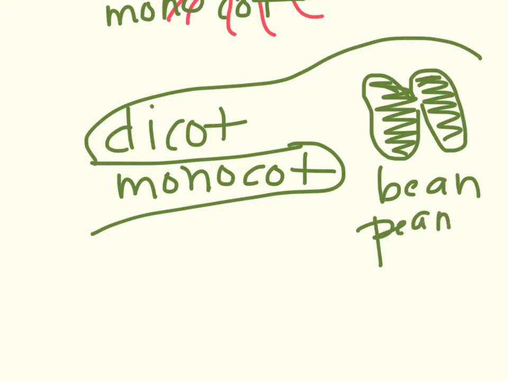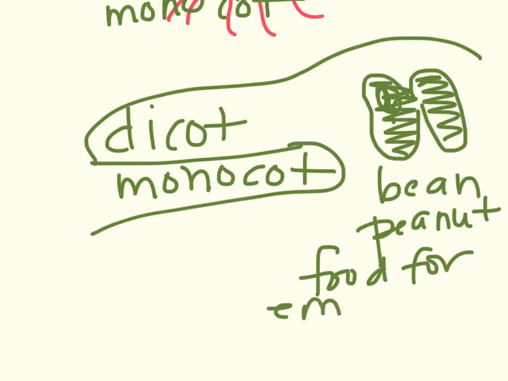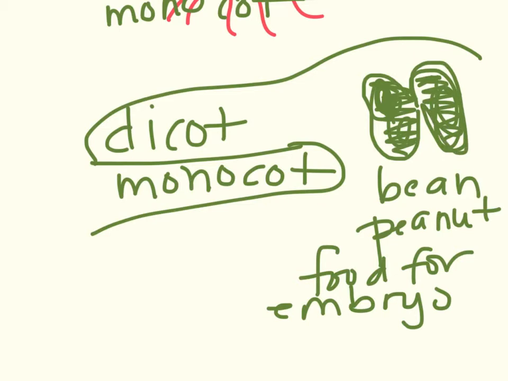And those cotyledons are actually food for the little bean embryo or the peanut embryo. So food for the embryo. Where that little plant is getting its food from, that's coming out of the bean, is actually from this part of the bean that it's coming out of. So that is called a dicot.